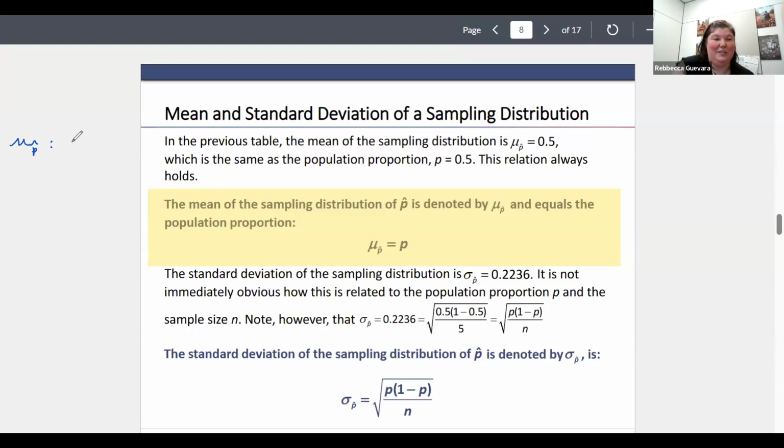Again, as a reminder, this is the mean of sample proportions. p is the population proportion. And those p hats are all my sample proportions.